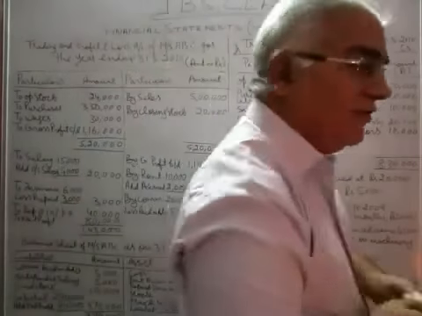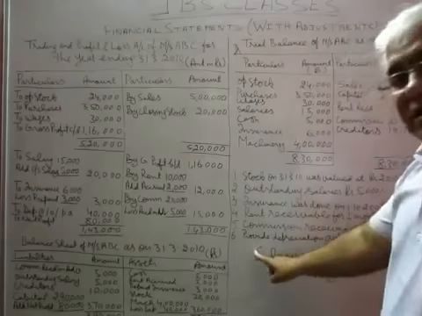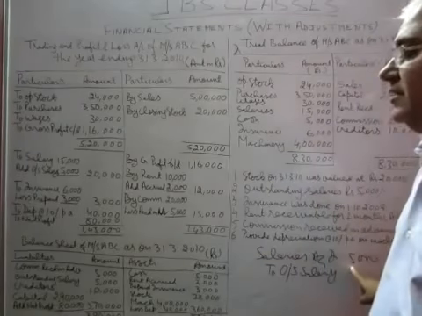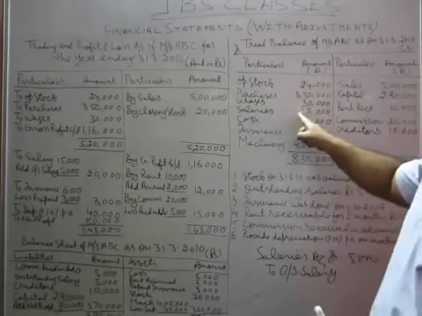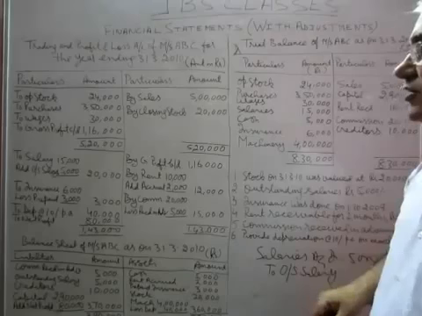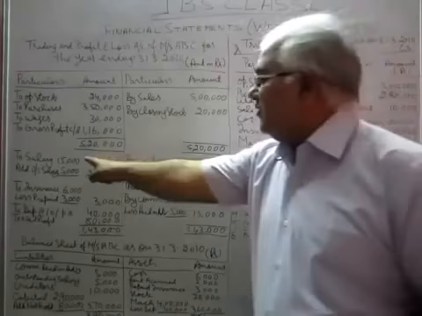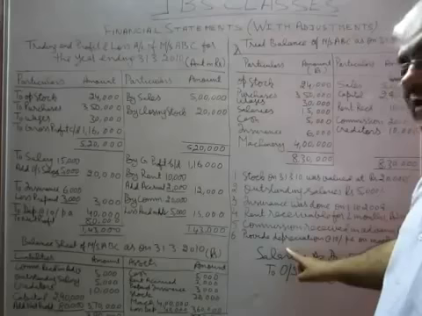Now, what will be its effect? You see, this increases the amount of salaries in the profit and loss account. Here, salaries in the trial balance are 15,000. But while preparing profit and loss account, we have taken salaries 15,000, and this salaries account has been debited.